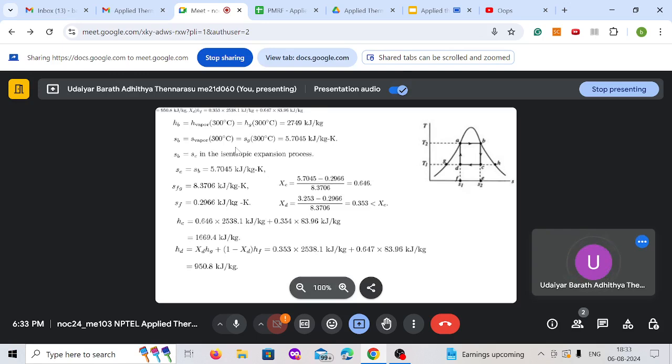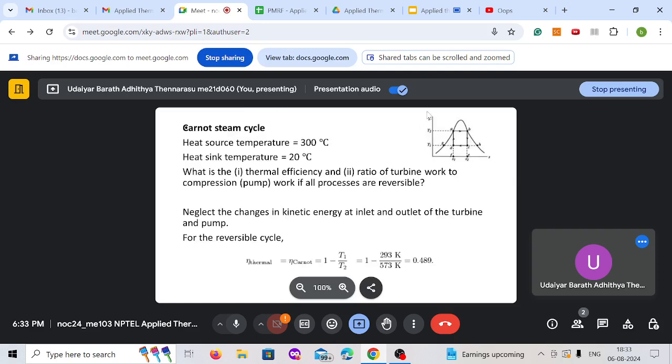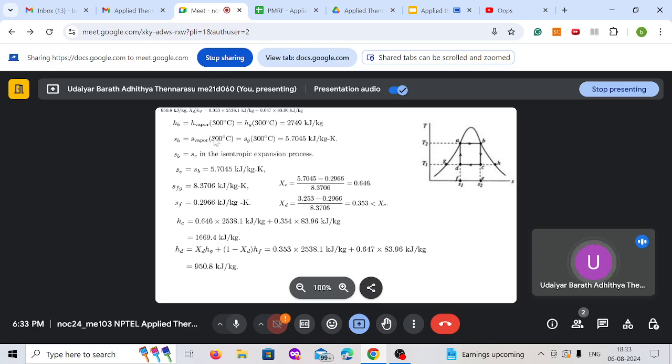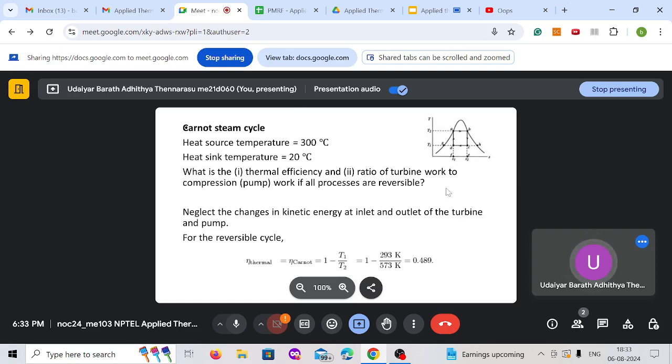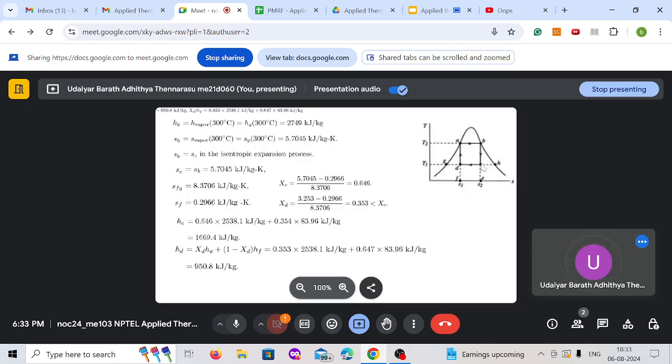So now we'll have to find out the ratio of turbine work to the compressor work. So state 2 is in an isothermal and isobaric process.